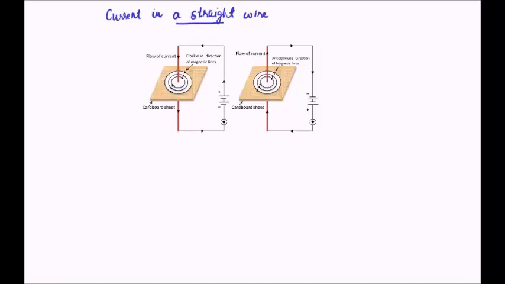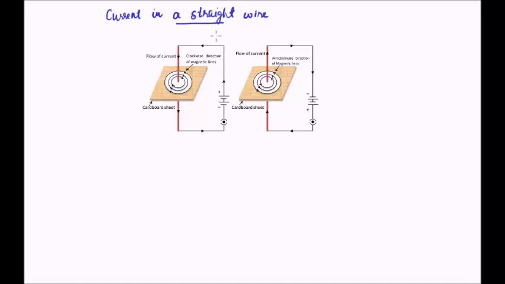So for this particular experiment, iron filings are kept on a cardboard which is placed horizontally, and a hole is made through the cardboard, and a straight current carrying wire is passed through the hole.